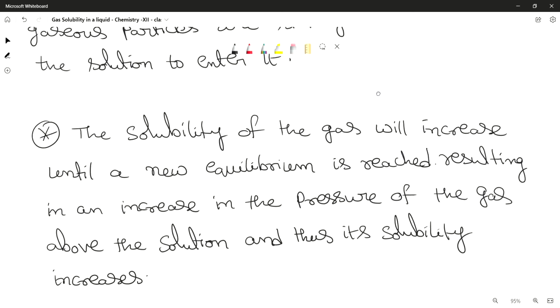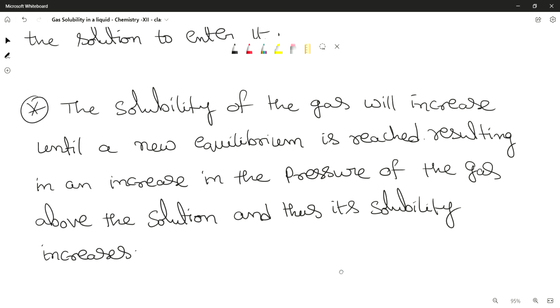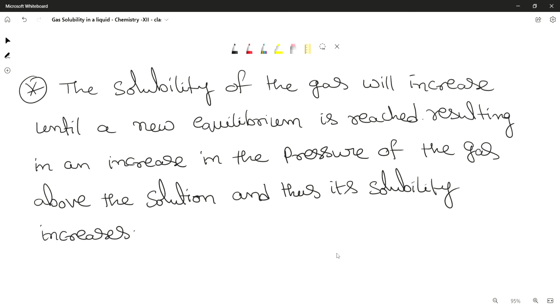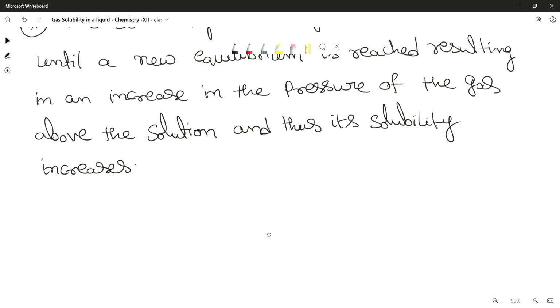This process establishes a new dynamic equilibrium. The solubility of the gas will increase until the new equilibrium is reached.